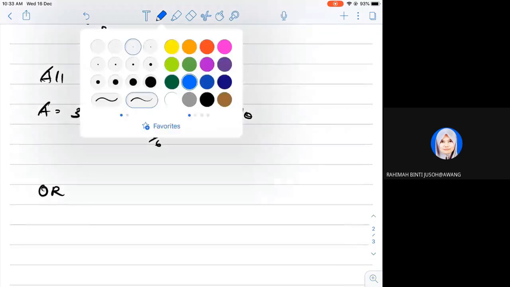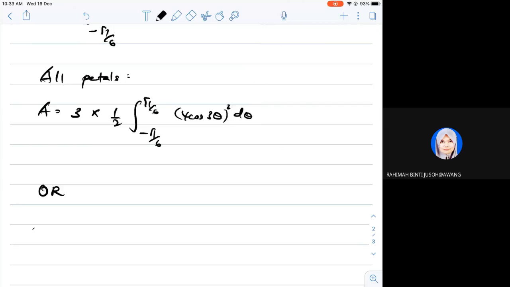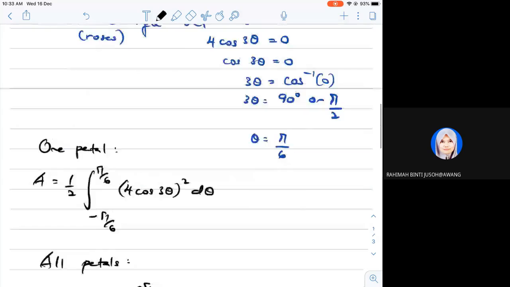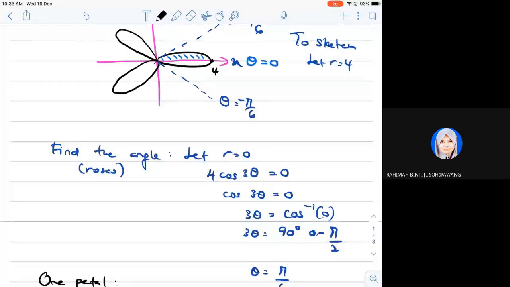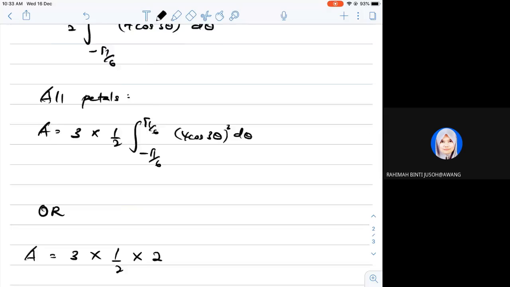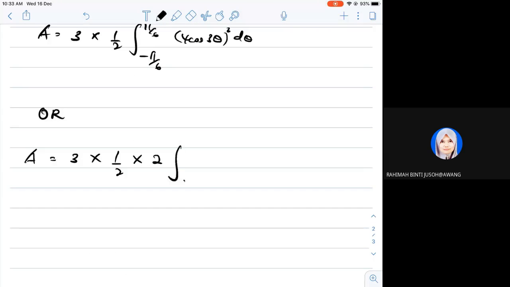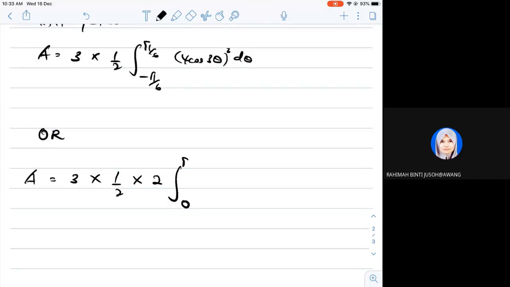So we can have A equals to 3 times 1 over 2 times 2. Why times 2? Because I counted half a petal, from zero. So the limit of integration is from 0 until pi over 6. So if you consider this from 0, you have to multiply by 2.